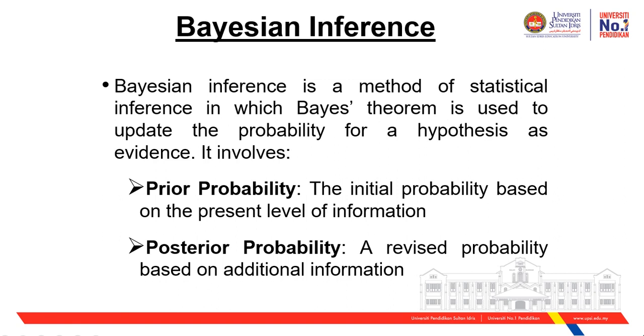When you talk about Bayesian, you must be familiar with this term, which is prior probability, the initial probability based on the present level of information. And also posterior probability, which is a revised probability based on additional information. So when you relate to Bayes theorem, at least you must be aware of these two terms.